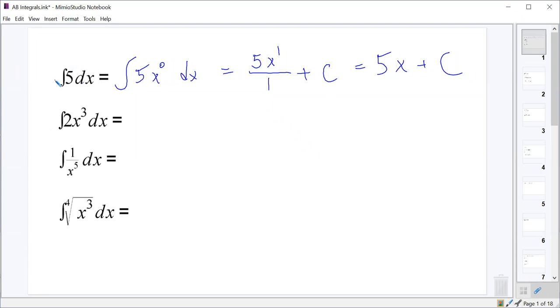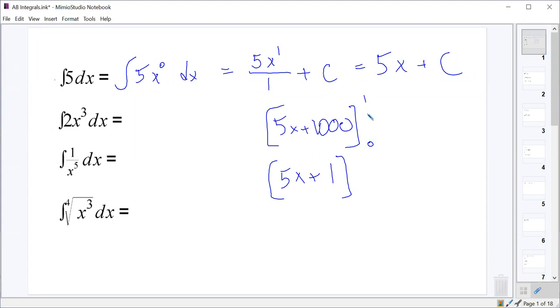And whether it's 5x plus 1,000 or it's 5x plus 1, if we're evaluating each of these using our definite integral from, let's say, 0 to 1, that'd be pretty easy, right? Well, that becomes 5 plus 1,000 minus 0 plus 1,000, and the thousands go away.